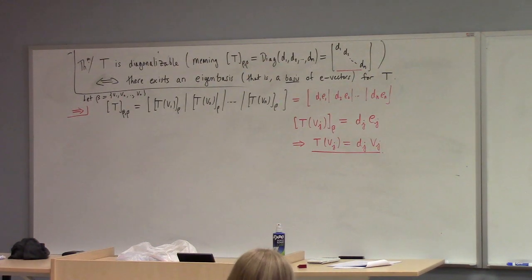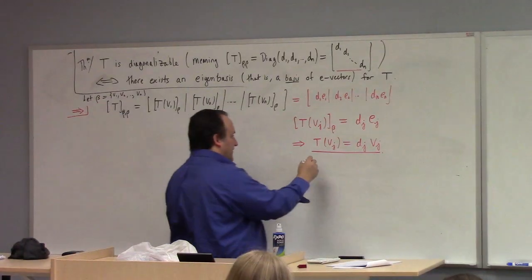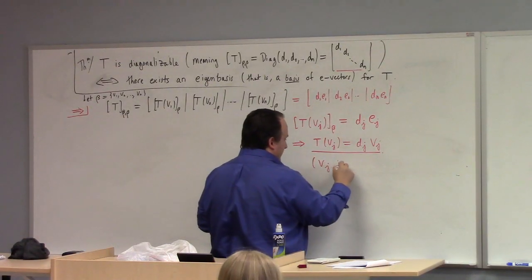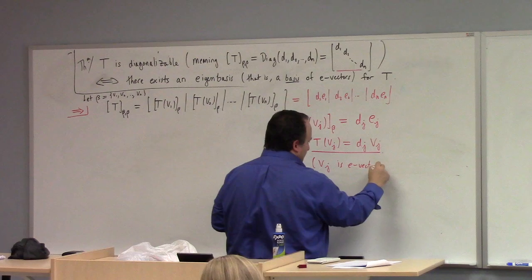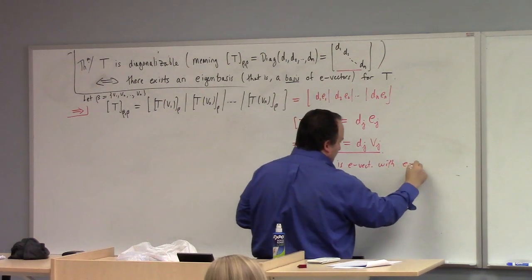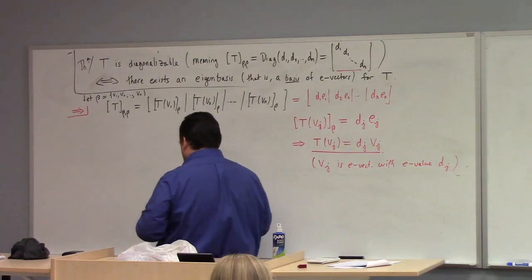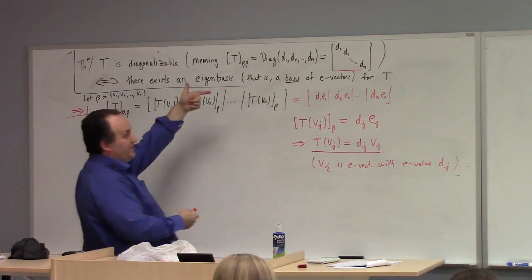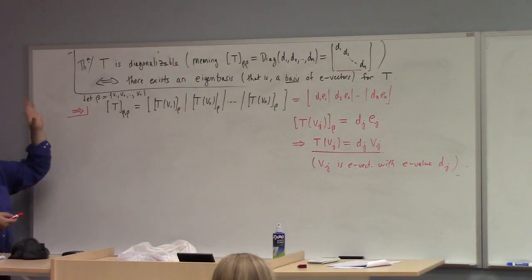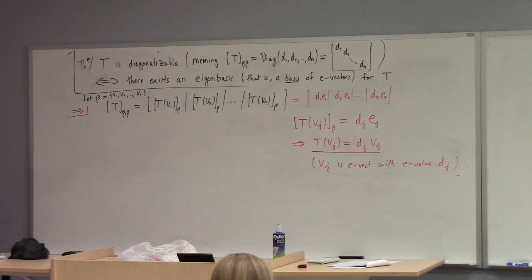It's an eigenvector for T with eigenvalue what? dj, right. So Vj is an eigenvector with eigenvalue dj. And that proves the forward implication of the theorem, namely that if T is diagonalizable, then it has an eigenbasis, because the basis which diagonalizes it is the eigenbasis.